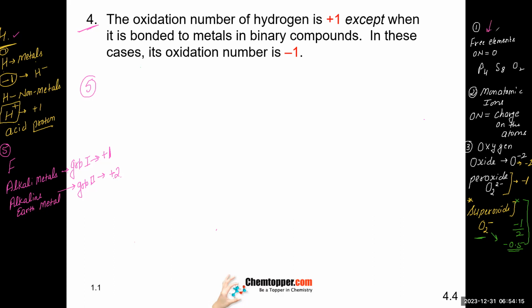They have 0 oxidation number. And fluorine, what's the oxidation number of fluorine? Fluorine can always gain only 1 electron. So minus 1, Sanjana, take care of the charges. Oxidation number is minus 1. This is rule number 5, children.